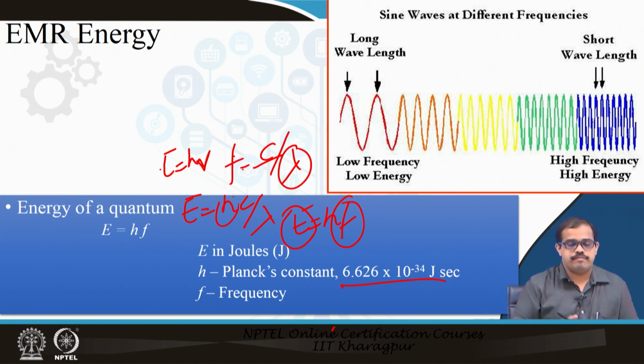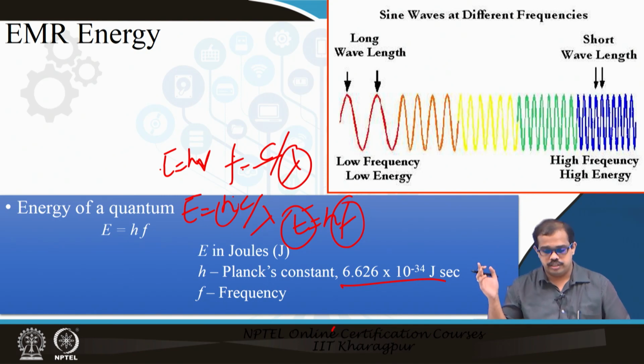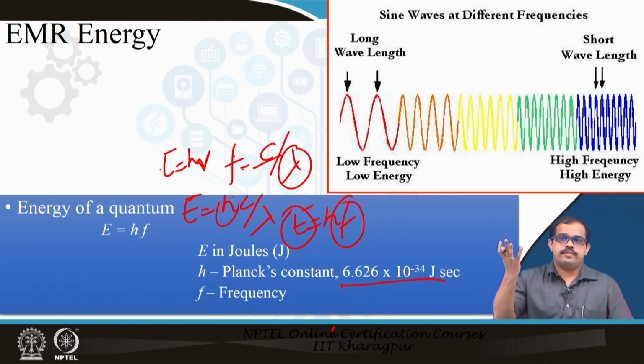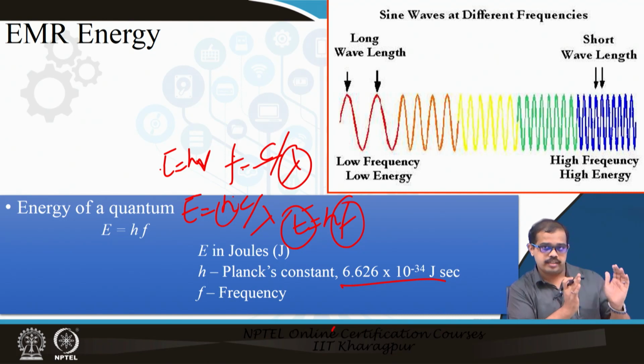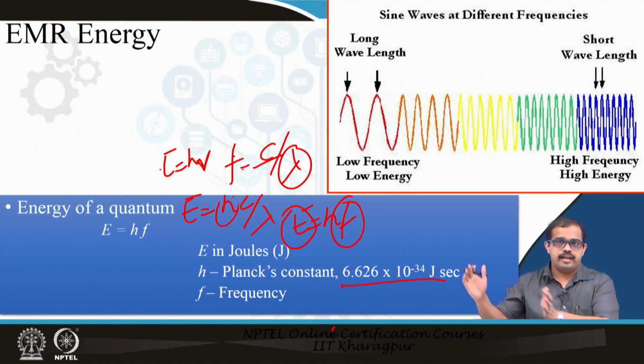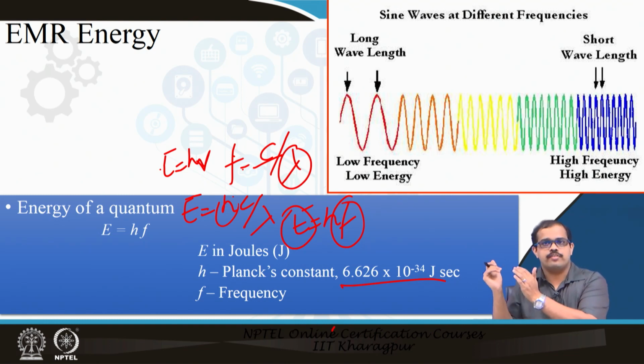So, how does it affect your remote sensing? If you go back to your electromagnetic energy distribution, if you have the lower wavelength, it will have higher energy, which means your visible spectrum or even below that will have a higher amount of energy, whereas longer wavelength will have lower energy.